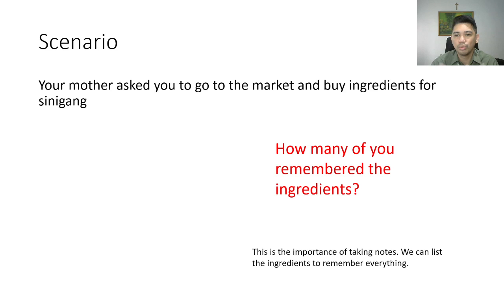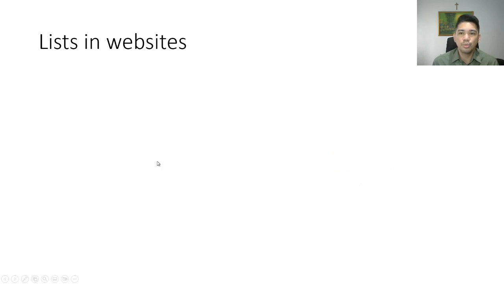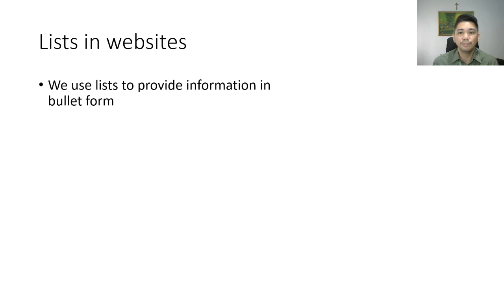So, would we let them call our company pa para lang itanong kung magkano yung price after the discount? Or should we use a website na lang? I-provide natin ang lahat ng information na kailangan para hindi na sila mahihirapan. So we actually use lists to provide information in bullet form or line per line form.